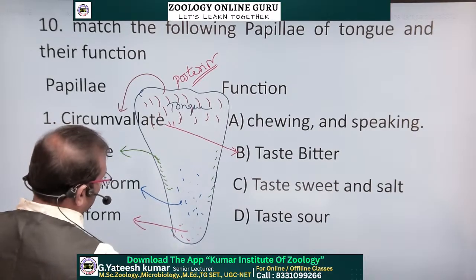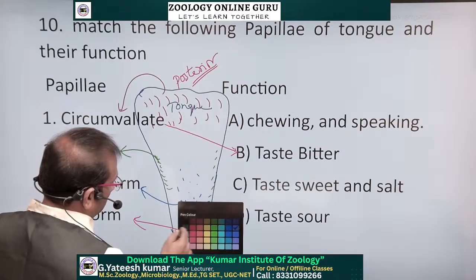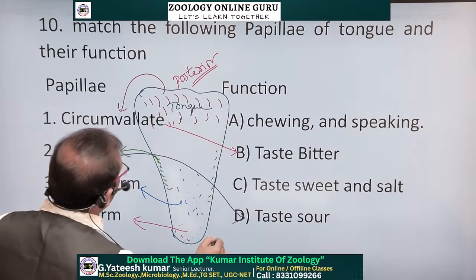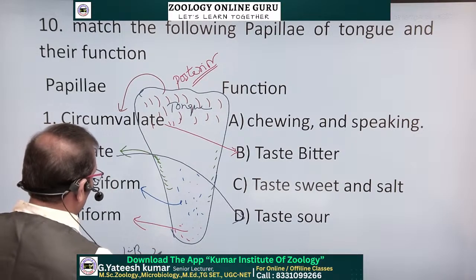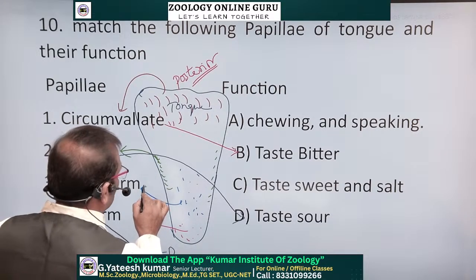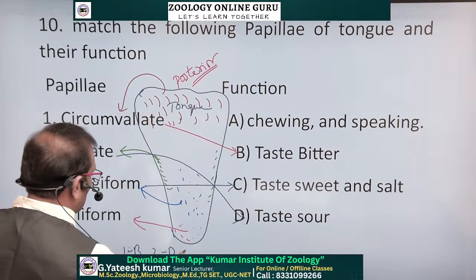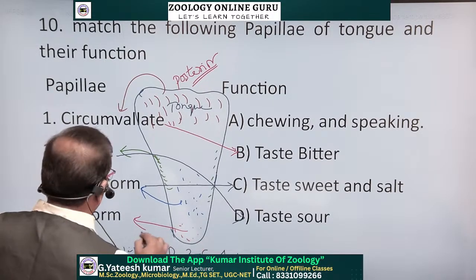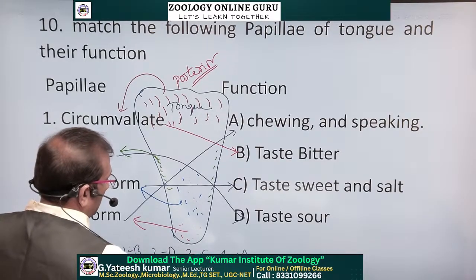So 1B, 2D. Fungiform papillae are for sweet and salt taste, so 3 is C. The remaining fourth one is chewing and speaking.